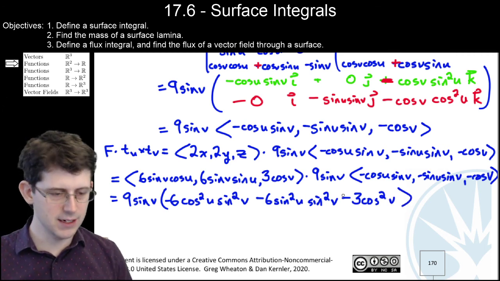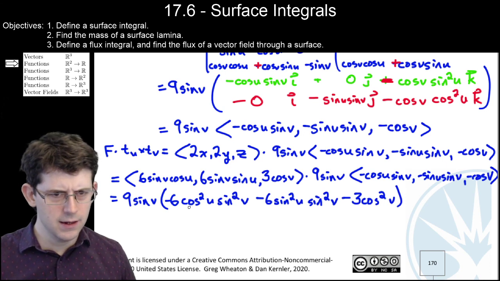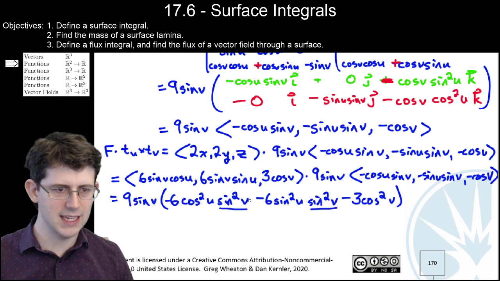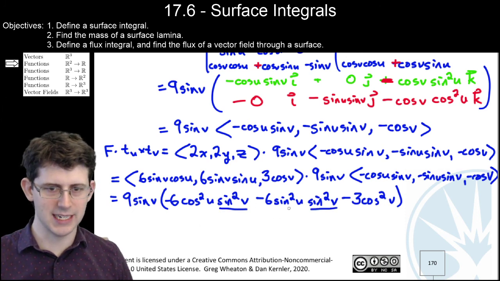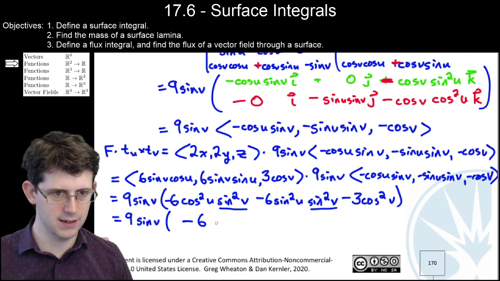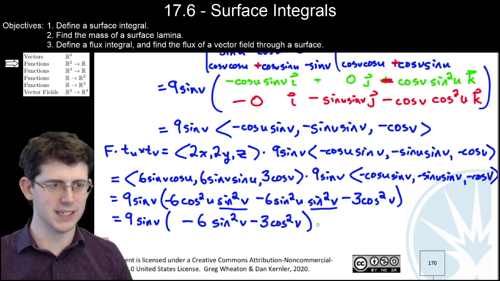So what happens here? That's not a vector. If I take sine squared v out of these two, I get just minus 6. So I think I have 9 sine v minus 6 sine squared v minus 3 cosine squared v. This is not awesome.